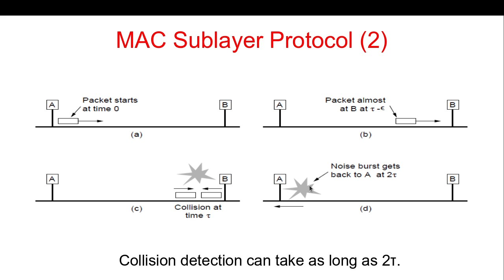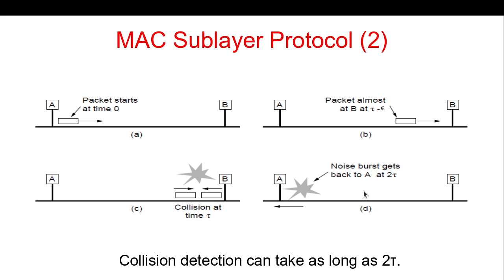That's why this noise burst, which is because of the collision of the frame transmitted previously at time tau, will require a time of collectively tau plus tau, that is 2 tau.